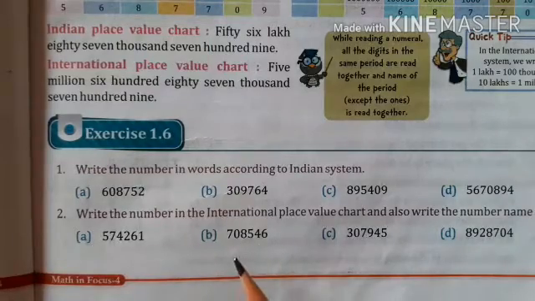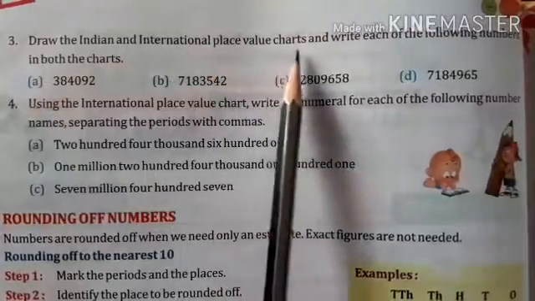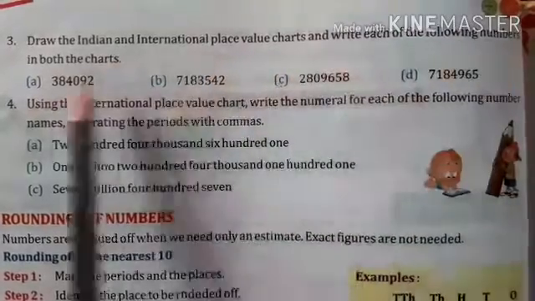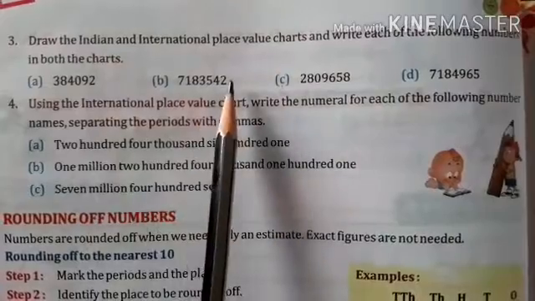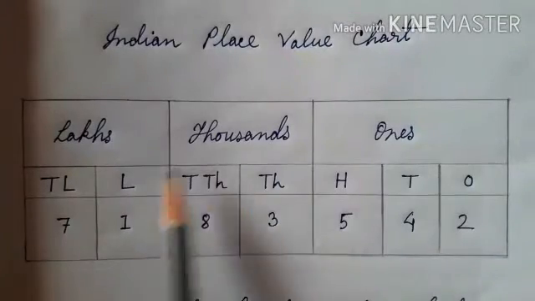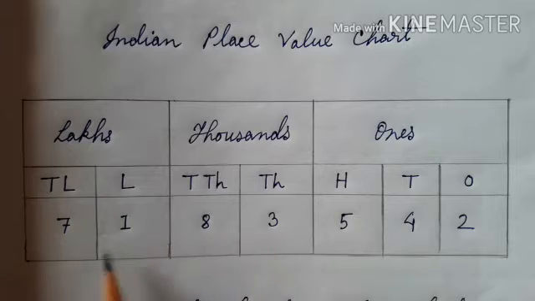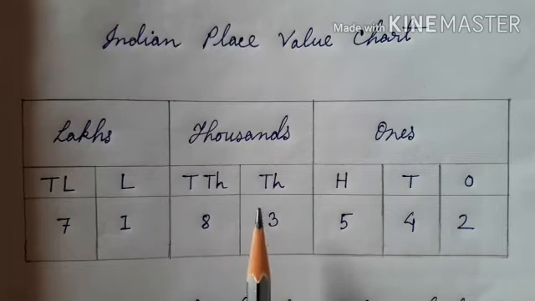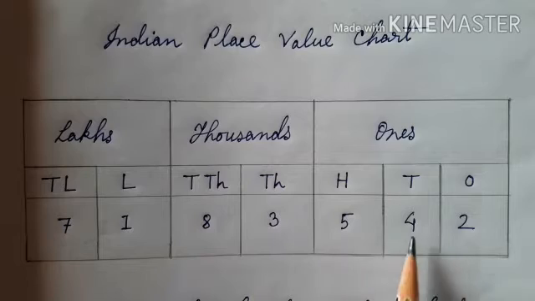Next, draw the Indian and international place value charts and write each of the following numbers in both the charts. I am showing you one example. Students, look here. This is the Indian place value chart, and we have to put this number in this chart. This is 71,83,542.